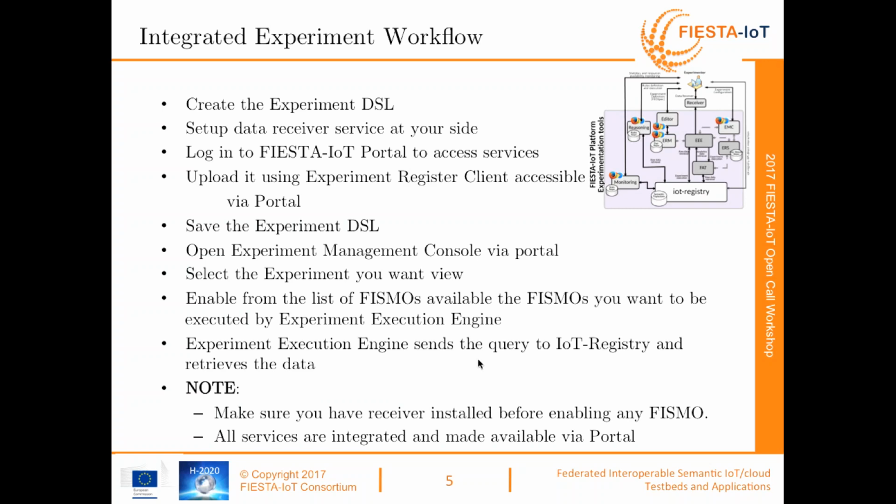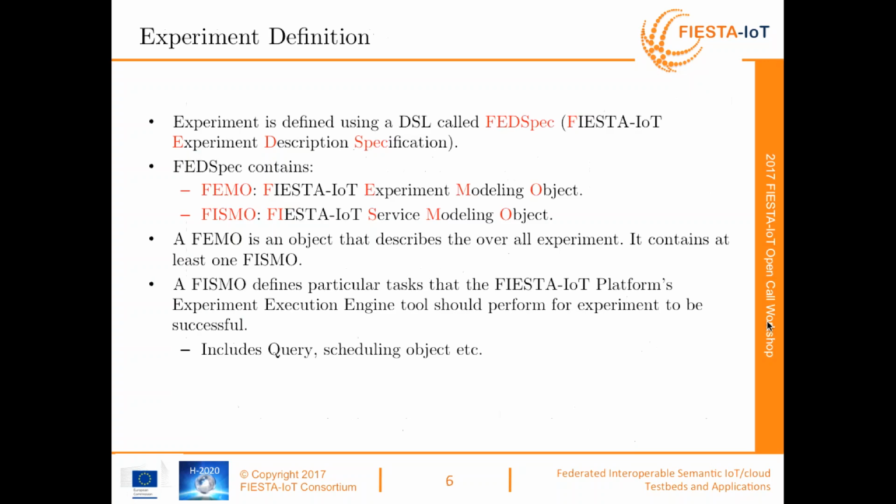Having said that, what is a DSL for us? A DSL for us is basically a FETCH spec. I'll show you the template in a short while. This is the Fiesta experiment description specification. It contains two parts, a FEMO and a FISMO. FEMO is the experiment modeling object, and FISMO is the service modeling object.